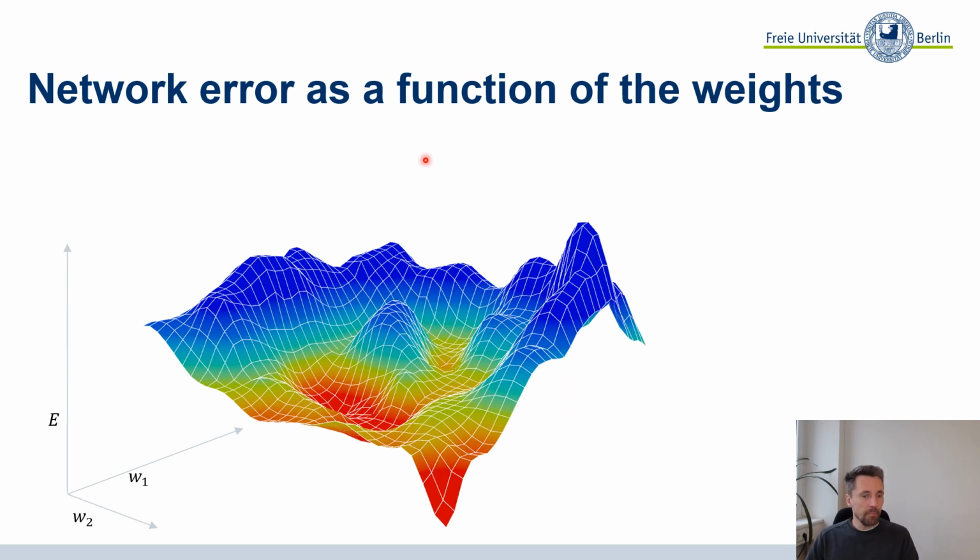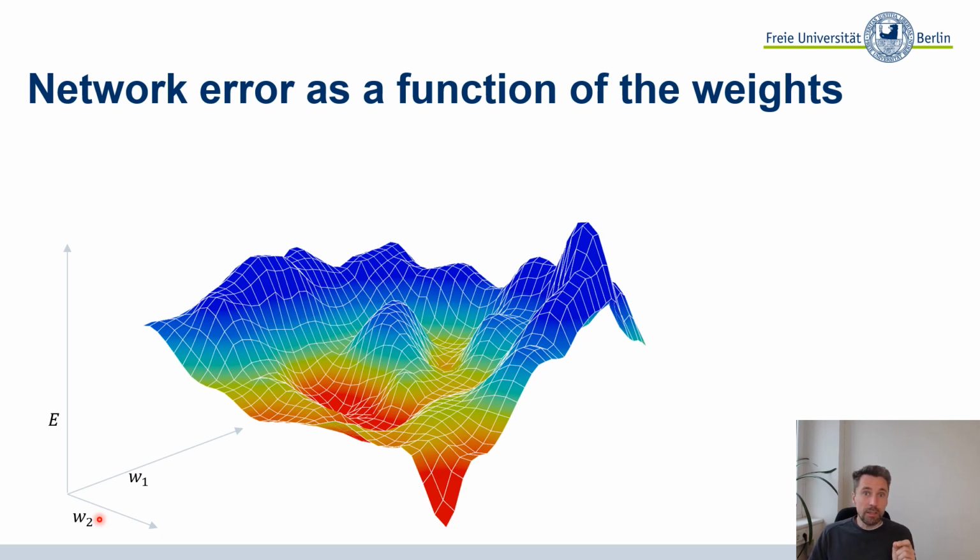Now, let's first think of what our goal in network training is. We have a super high dimensional space. I mean, I've drawn here 2 of the parameters, but basically what modern networks have are sometimes hundreds of millions of parameters, weights, and biases.